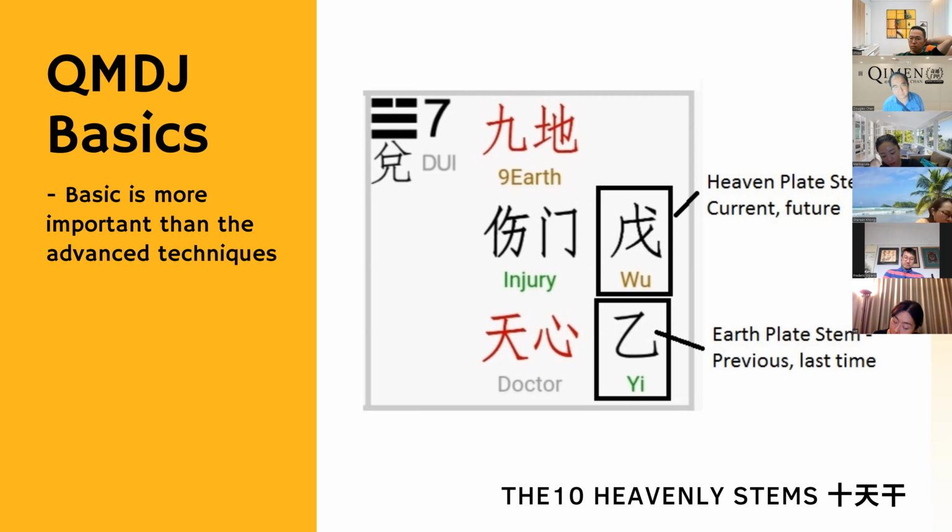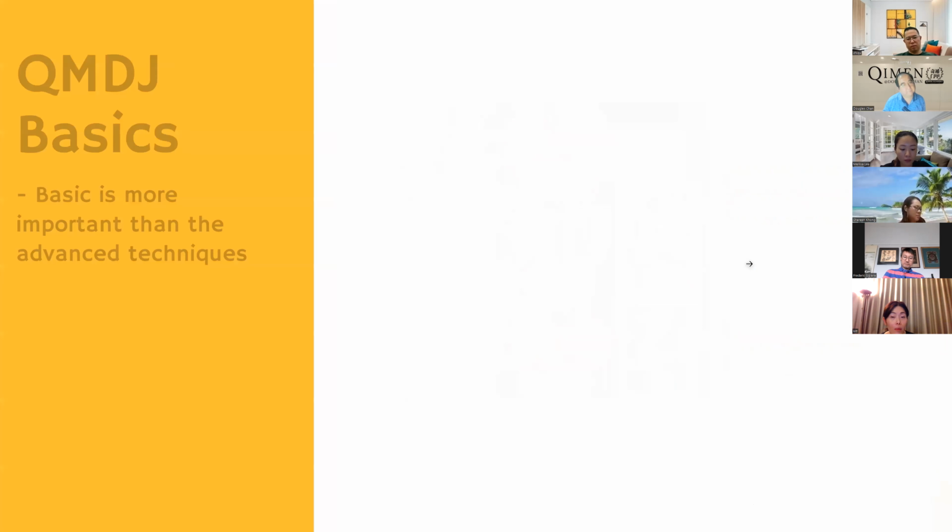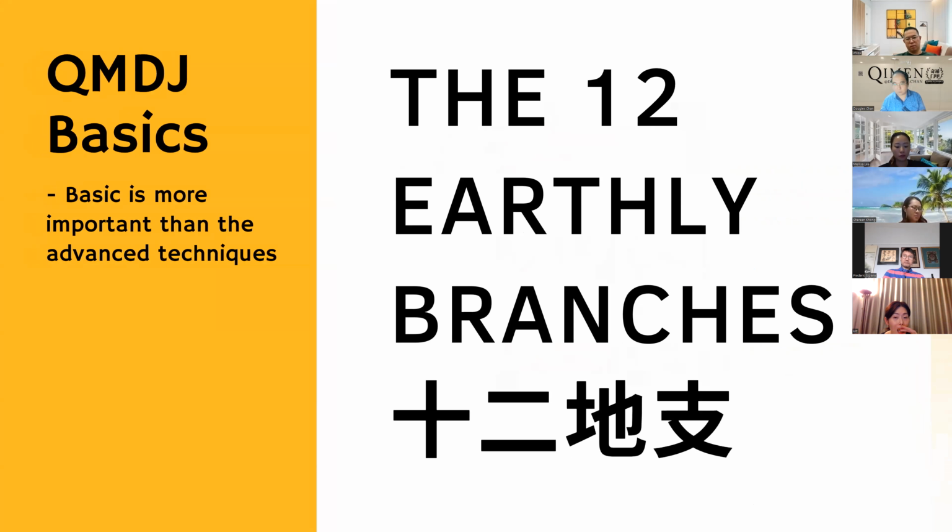So we have learned the stem already, we have learned the element. Which means that this particular box number 7, this whole big box, is a metal element. Why? Because this is gray color. Gray color stands for metal. Okay. I will not go into this.